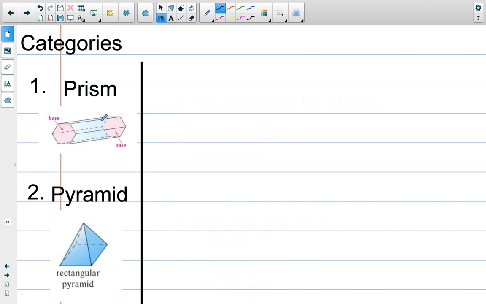You name prisms based on their bases. Since this is a hexagon, we would name this a hexagonal prism. Again, I'm writing with my mouse. I probably should just be writing with the keyboard. It'd be a lot neater.